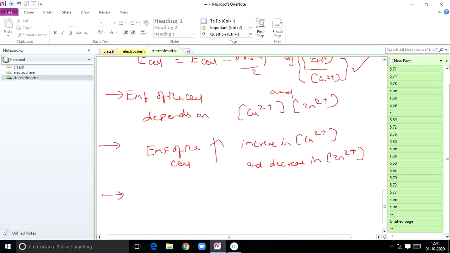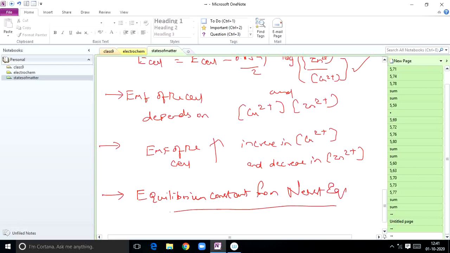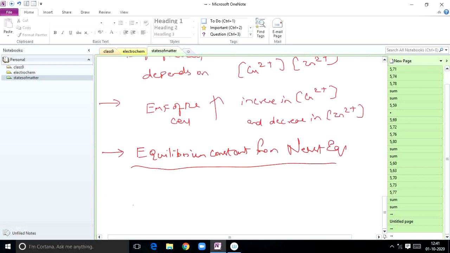Next one, equilibrium constant from Nernst equation. So you already know about equilibrium constant.